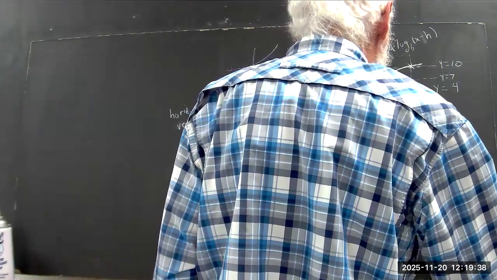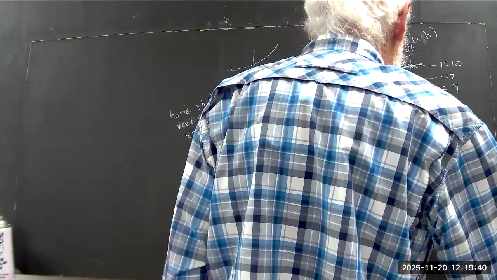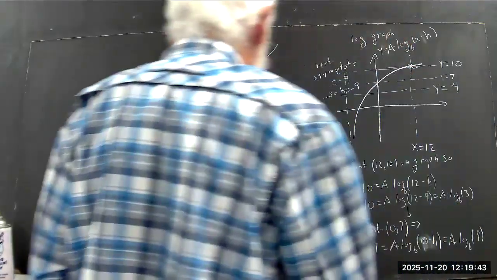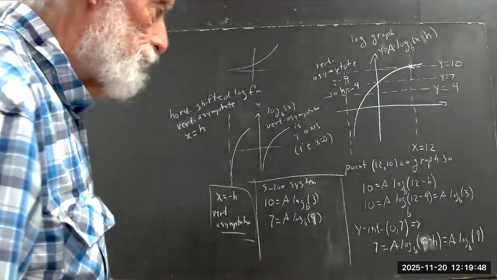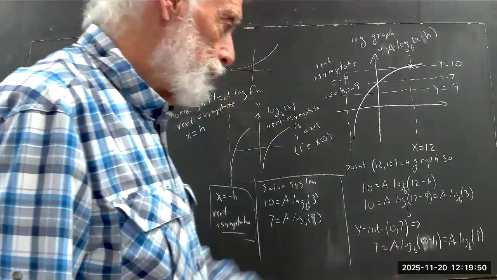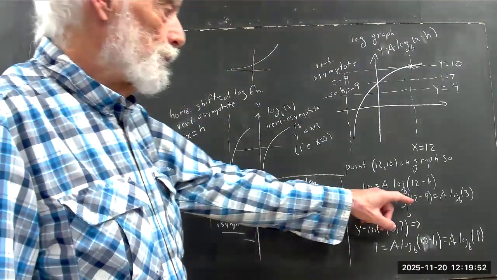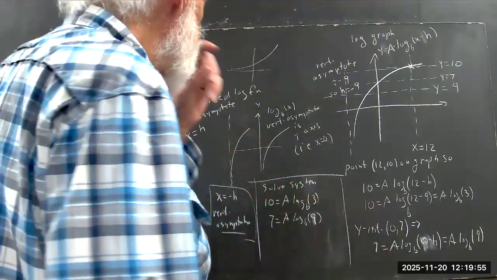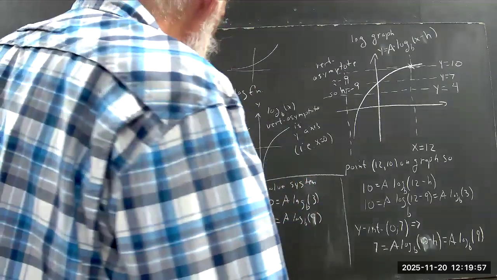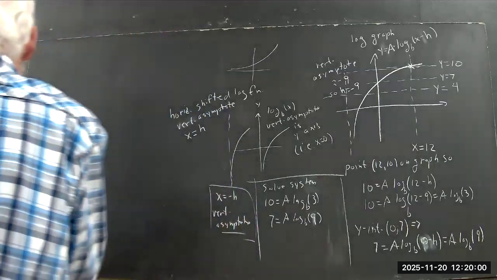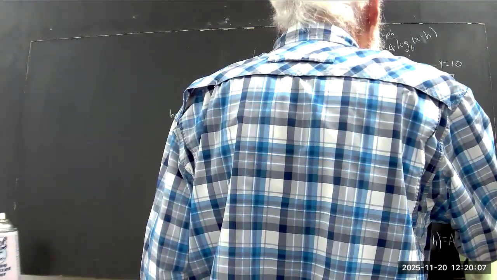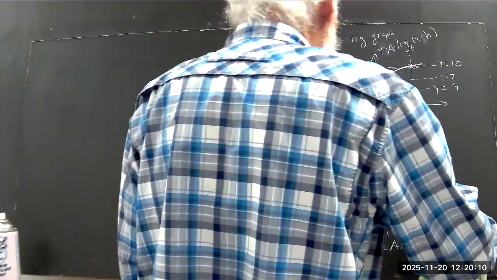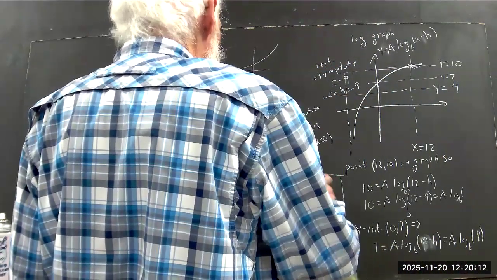Which is a log base b of 9. I wrote the 3 down here pretty mindlessly. Okay. X was 12 here. Oh, man. That one's okay. This one isn't.